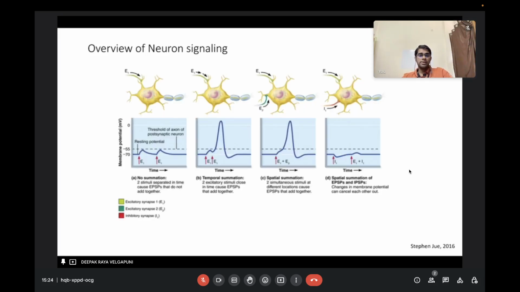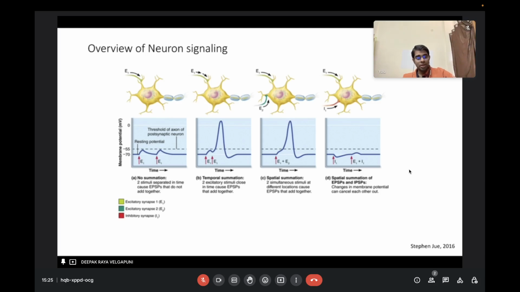Now, some insights into neuronal signaling after seeing the action potential. There are many currents coming into the cell body through the dendrites, and this current might increase the voltage of the neuron to some extent, and once it reaches the threshold, it fires an action potential. But since the neuron is receiving multiple signals, and it should reach a threshold to fire, if it doesn't reach it, it doesn't fire.